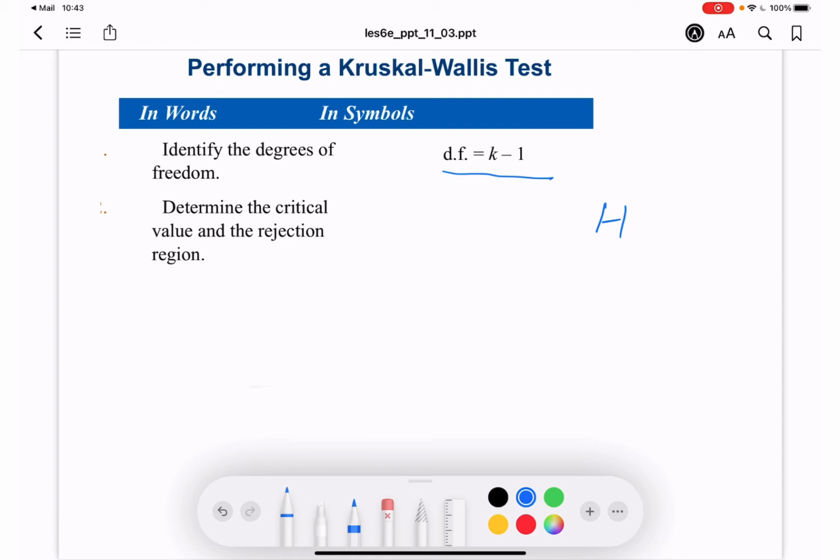What is H? It's our test statistic for the Kruskal-Wallis test, right? Then H will be large and the null hypothesis should be rejected. Because the null hypothesis is rejected only when H is significantly large, the Kruskal-Wallis test is always going to be a right-tail test.